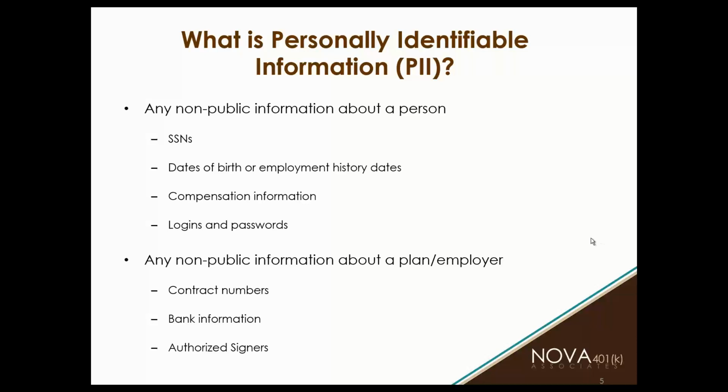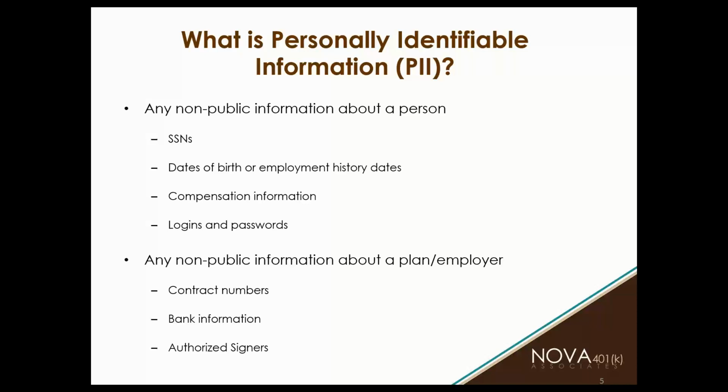So I mentioned personally identifiable information a couple of times already on this webinar, but I wanted to take a minute just to describe what it is. Personally identifiable information, which I'm going to refer to as PII because it's easier for me to say, is any non-public information about a person. So that's your social security number, your date of birth, your employment history dates, so hire, termination, rehire, retirement, etc. Any compensation information about the person is considered PII.